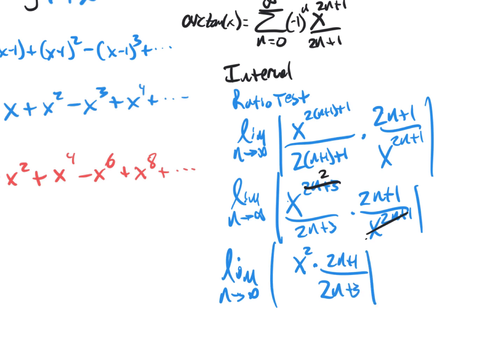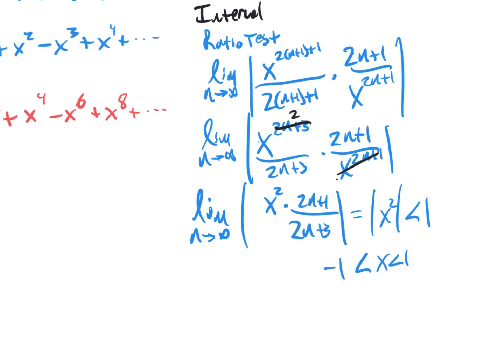And last but not least, this goes to 1. So that leaves us with the absolute value of x squared, and that has to be less than 1. And so this means that x is going to be between 1 and negative 1.